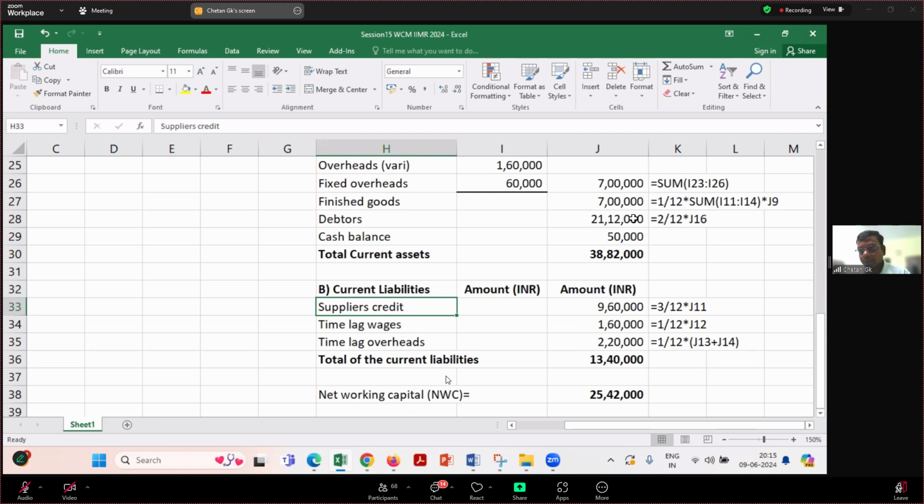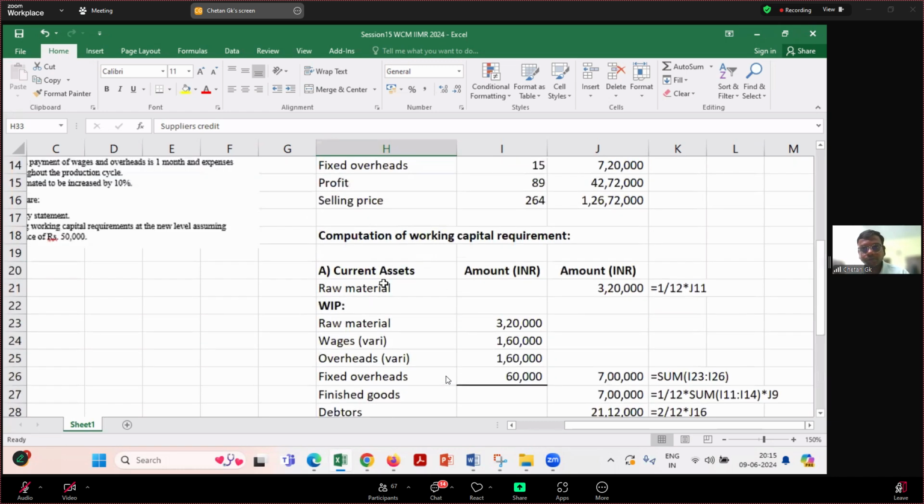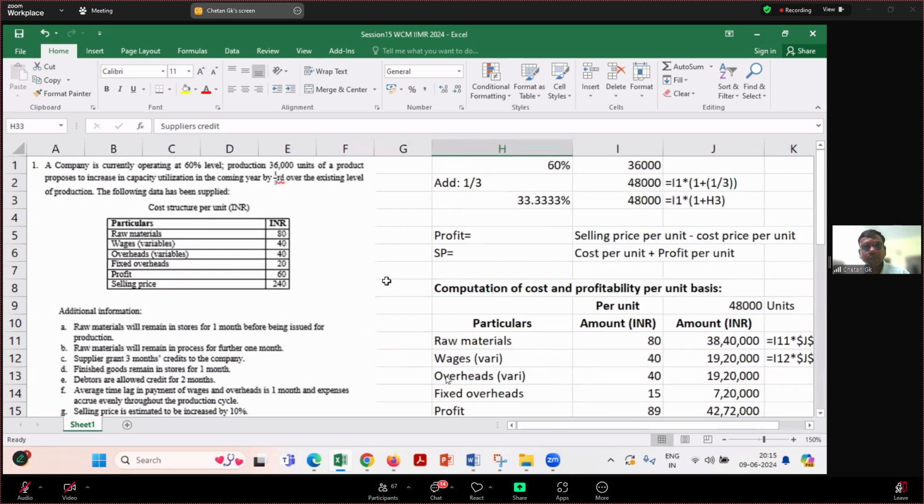Any other question before we move on to the next? Okay, so go to the next problem number 2. Do it in front of me. Let's see.